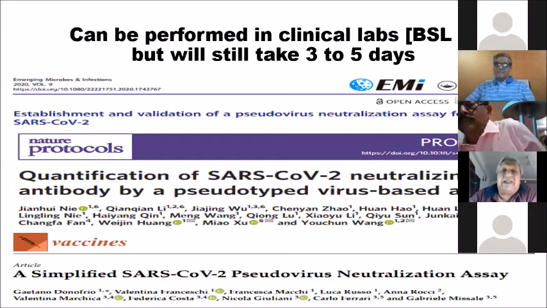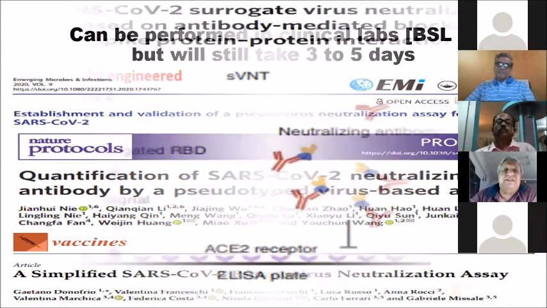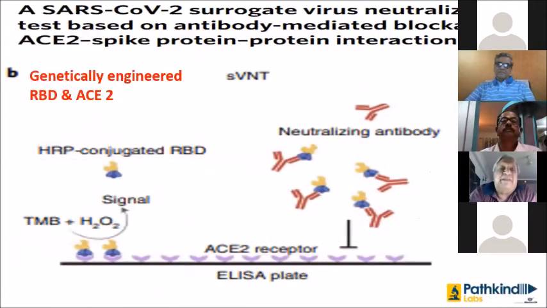And since time is of critical importance, the next best thing, the third approach, was to genetically engineer the receptor binding domain and ACE2 receptor. So ELISA plates will be coated by ACE2 receptors, mimicking what really would happen in the respiratory secretion.